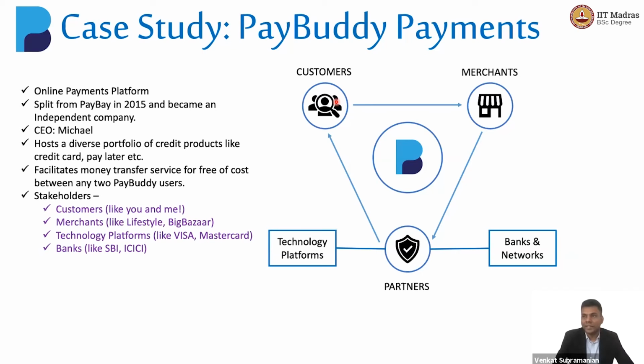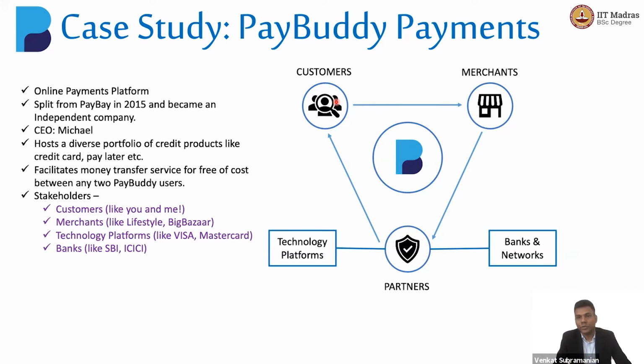So let's assume it's a BookMyShow movie ticket. 300 rupees is the actual value. But what the merchant gets on hand will be 300 minus the cut that goes to PayBuddy, minus the cut that goes to an intermediary like the Visa card network. Some 6 to 7 rupees, or up to 10 rupees, might get cut off.